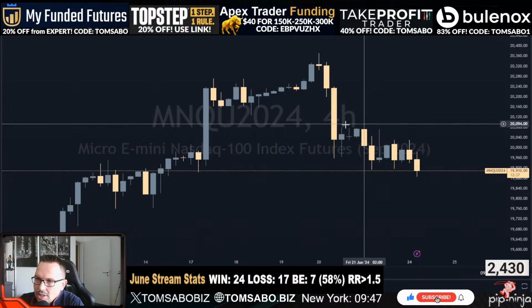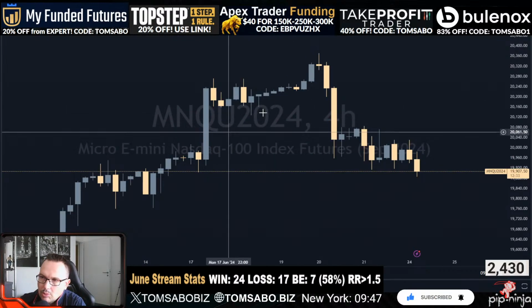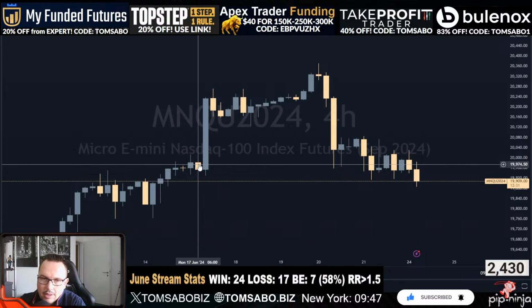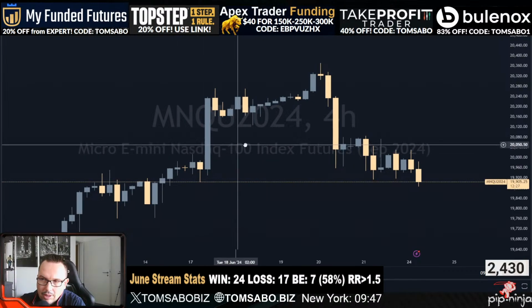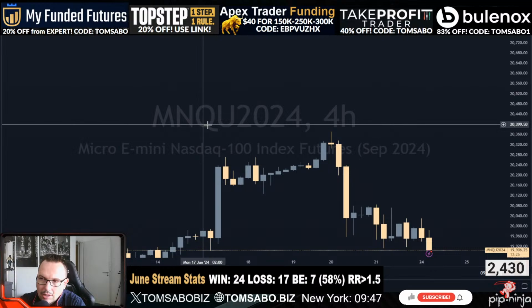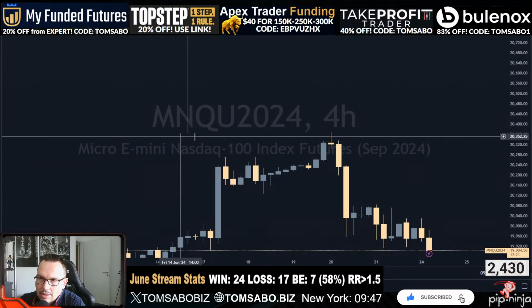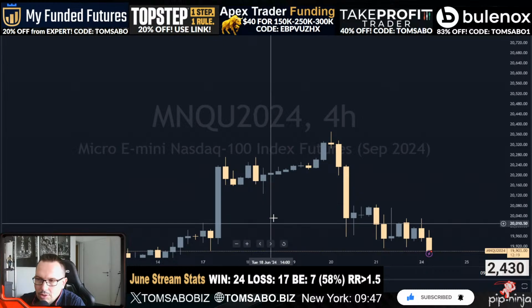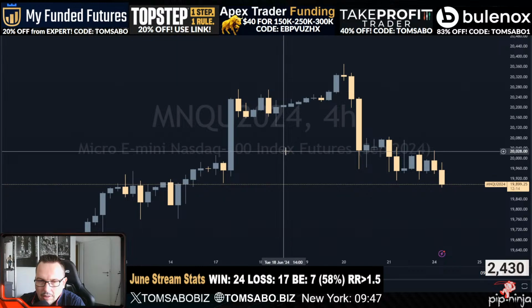For some reason, if there's an automatic switch, there could be a gap between, but I don't know. So how I'm able to get that level, I don't know. As you can see, I'm on an MNQU 2024. This is where I am. MNQU. Time is end of 11 a.m.